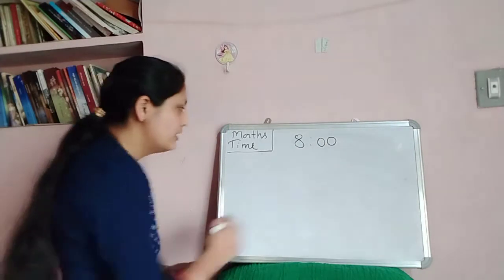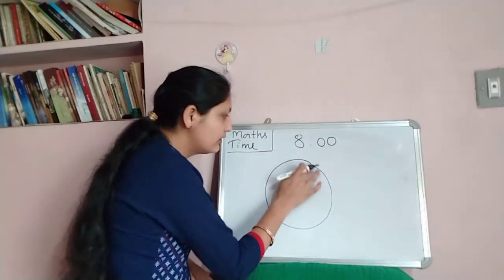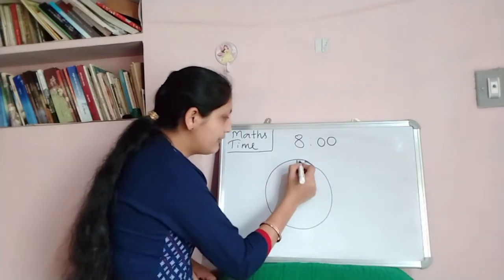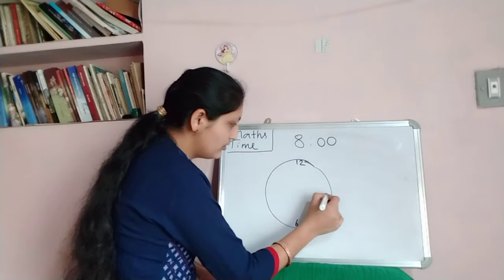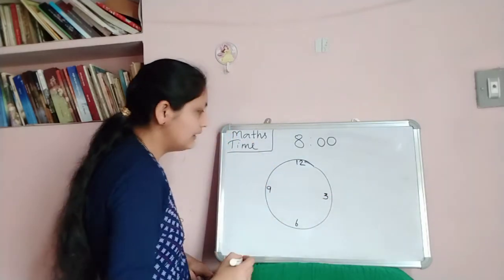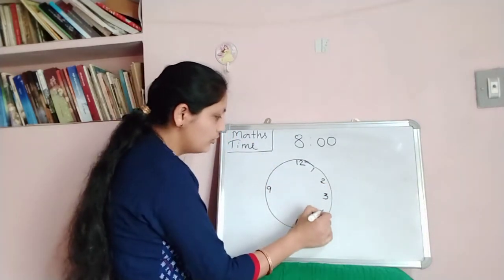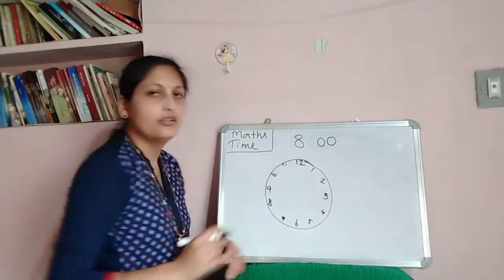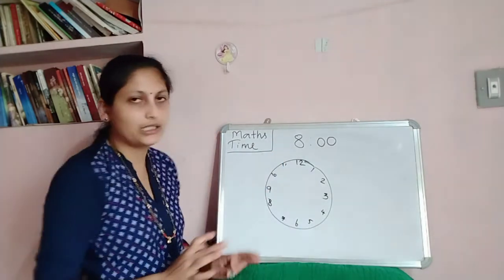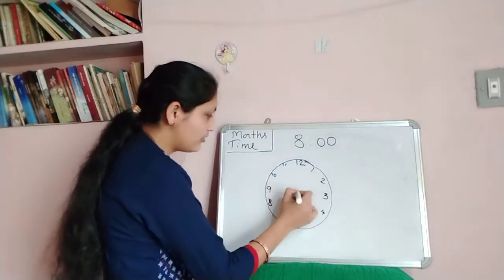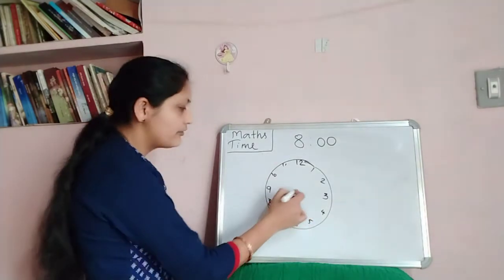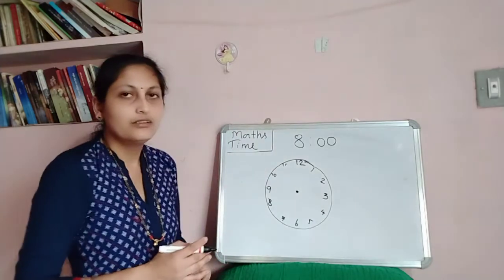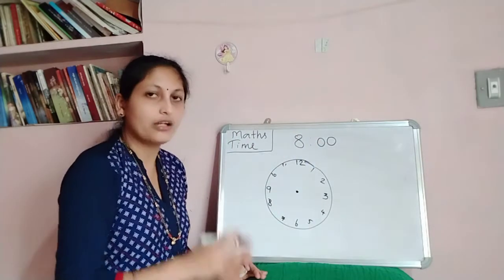How to draw it? So first you should draw a clock consisting of 12 divisions like this. This is 1, 2, 4, 5, 7, 8, 10, 11. So these are the 12 divisions in the clock. Next you have to draw hands. So you should take it from the middle. So here you have to mark a point and you have to draw hands for 8 o'clock.